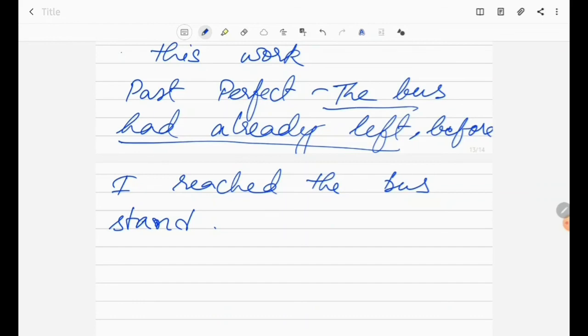And if you want to convert this same sentence into a present perfect, what will you write? The bus has already left.